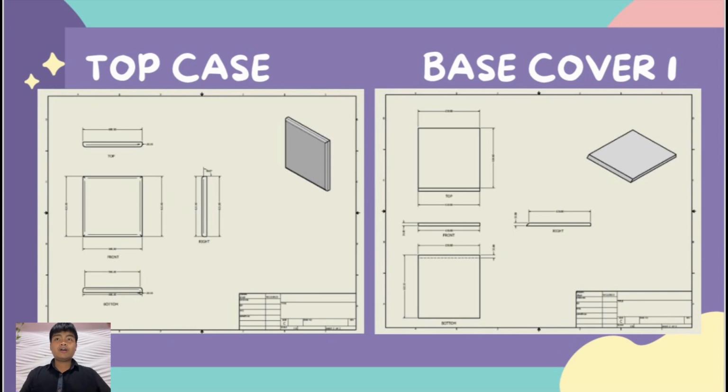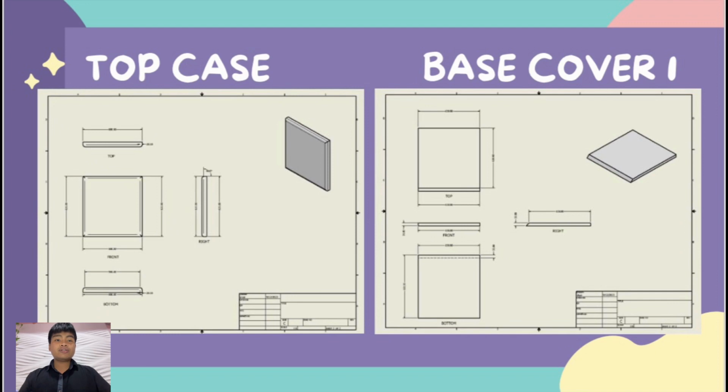So first of all, I'm going to talk about the top, front, bottom, and also the right of the machine. Same goes as the body of the machine just recently. So for the top of this top case, the length of the base of the machine is 600 millimeters with the chamfer of 20 millimeters.